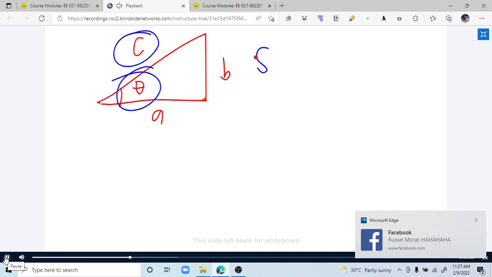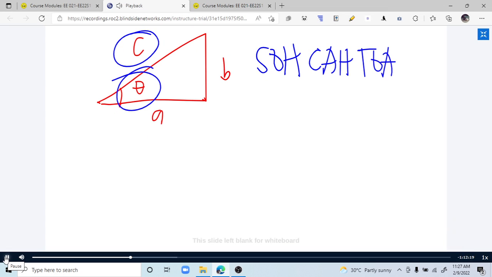Remember our SOHCAHTOA. Remember, this is a high school lesson, my dear students. When you use sine, that is opposite over hypotenuse; when you use cosine, that is adjacent over hypotenuse; and when you use tangent, that is opposite over adjacent. Since C is the hypotenuse and A is the adjacent, what is the most applicable trigonometric function?